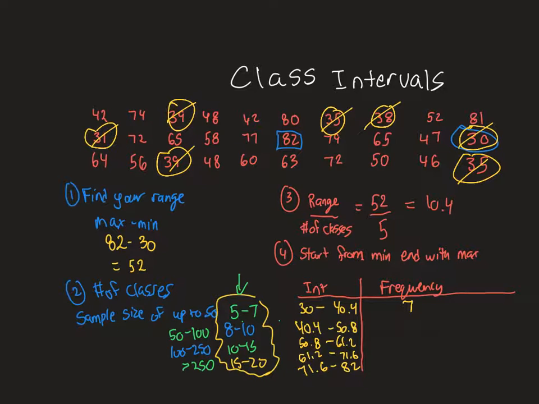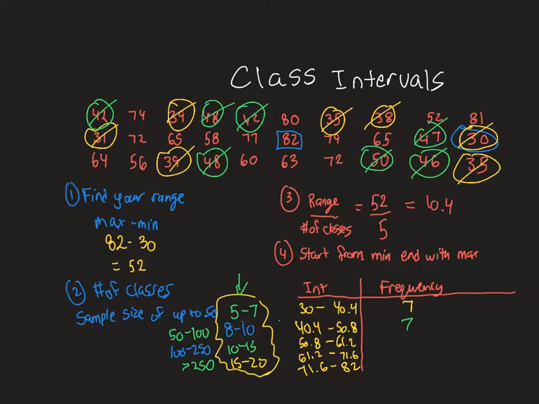Now 40.4 to 50.8. Well, definitely this. That's 1. That's 2. That's 3. That's 4. That's 5 because it's still within the 50.8. That doesn't count the 52. 6, 7. So there are 7. Yep, these are all gone now.